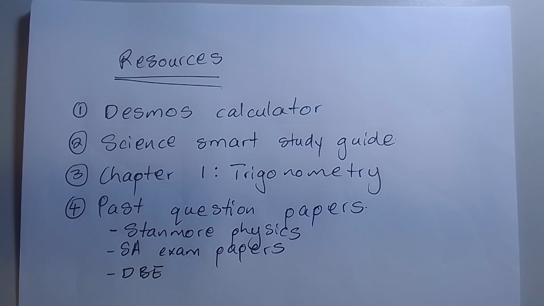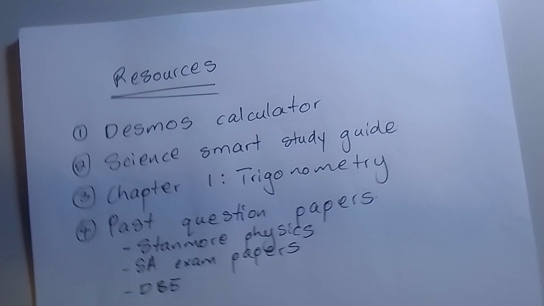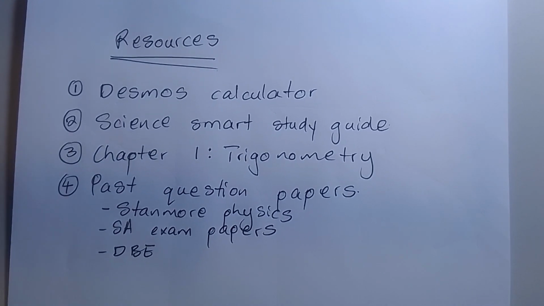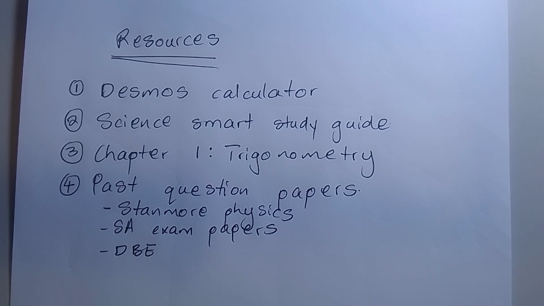You also have the Science Smart Study Guide. I like this study guide. I like using it when I was doing matric. It has really compressed information. It has everything you need, but it doesn't have anything you don't need. So it only talks about something that will help you in your exam. It doesn't go around the corners and talk about useless stuff.